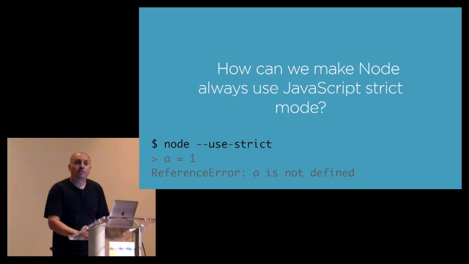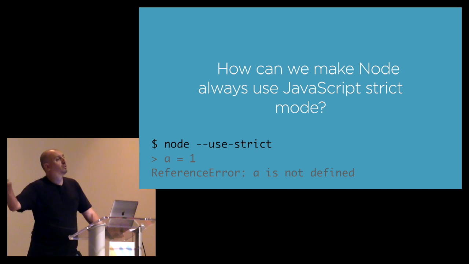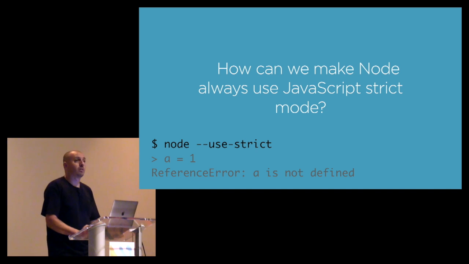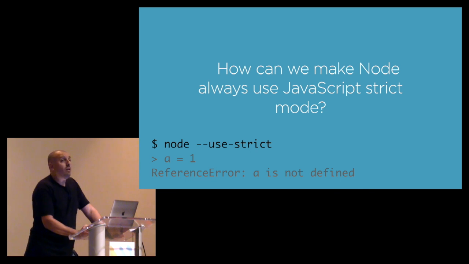And this particular argument is interesting because it's a V8 argument. It's not a Node argument. Node just relays that to V8. And V8 will start in strict mode. And there are probably 100 more arguments just like that. You can toggle all the settings, actually, with modules in Node.